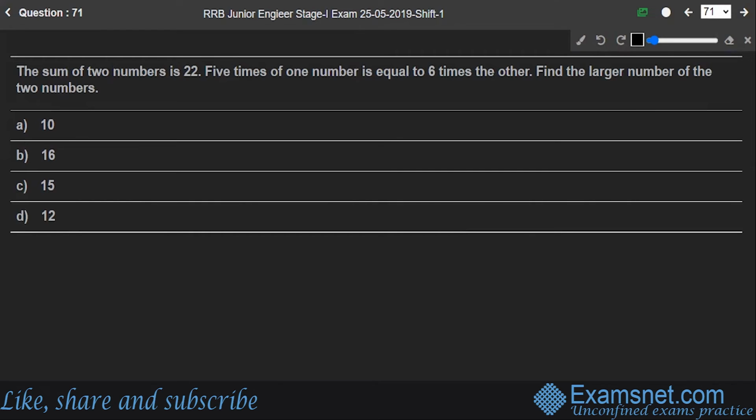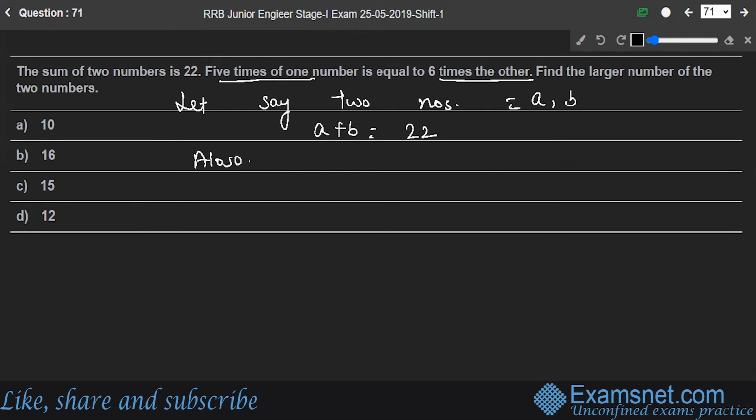So here, according to the question, first of all, let's say the two numbers are A and B. So you have A plus B is equal to 22. 5 times one number is equal to 6 times another. So 5 times the first number is equal to 6 times the other number.